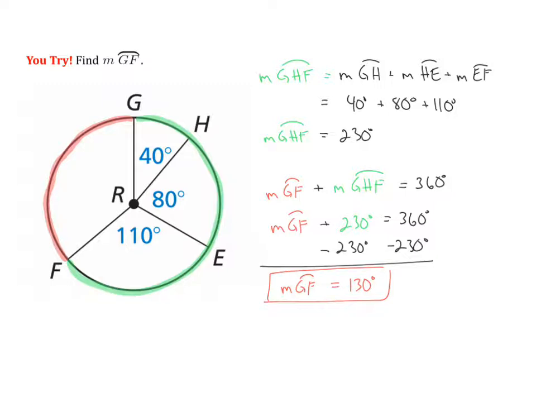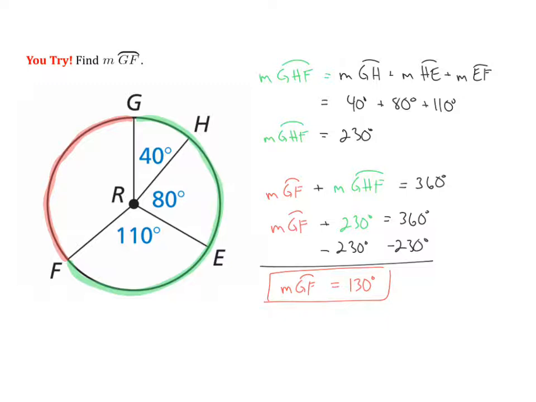Now, for this particular problem, because they want us to find the measure of GF here, first of all, I don't have any semicircles to work with, so 180 degrees is kind of out the door at the moment. However, what I do see is that the measure of arc GEF, if I were to add this arc together with arc GF, this will give me 360 degrees.